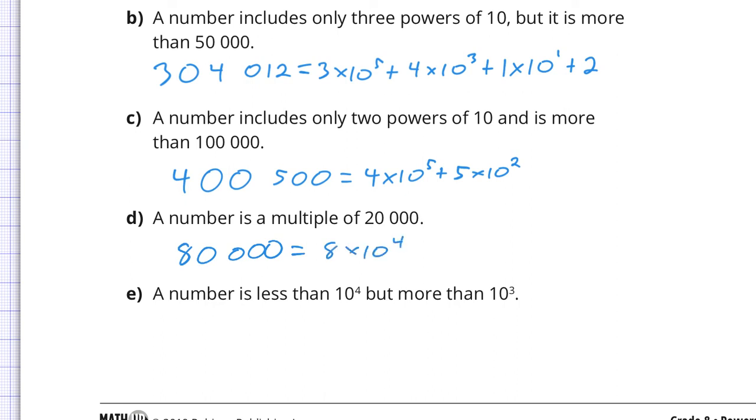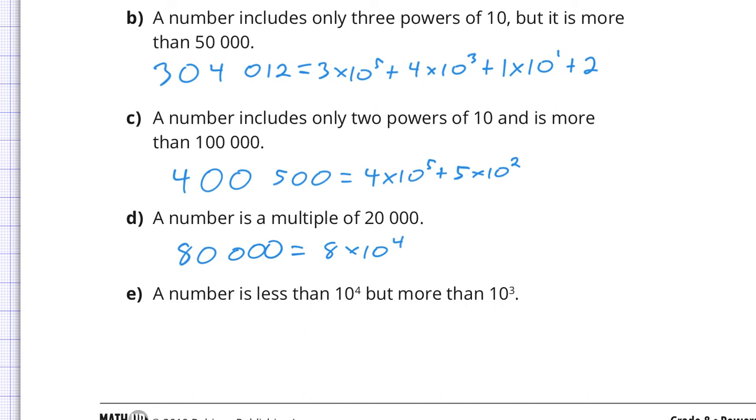You'll notice that an easy way to see what my exponent should be here is to count how many zeros there are in the number. If there are 4 zeros, then it's whatever this value is times 10 to the power of however many zeros there are. That's an easy way to do it.